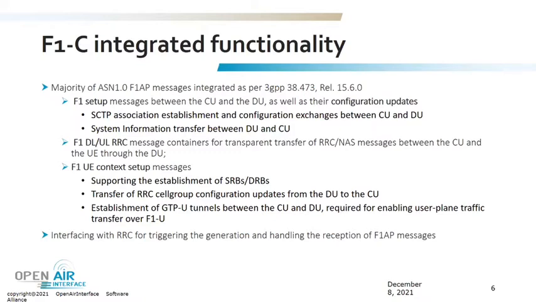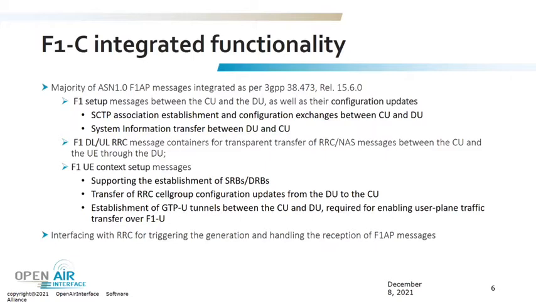The F1 setup messages come after the SCTP association establishment, as the CU and DU talk over the SCTP protocol over the F1 interface, and they include information that the CU and DU have to know about each other, like the IP they are going to be using, the ports, etc., as well as some important configuration updates, and some system information transfer messages between the DU and the CU.